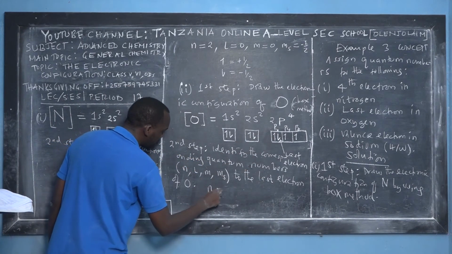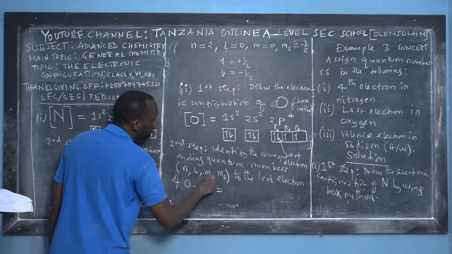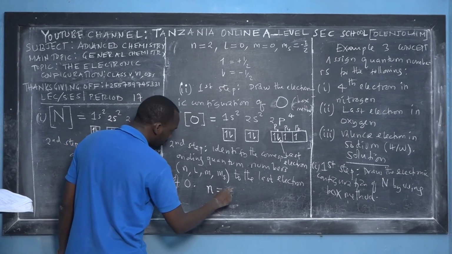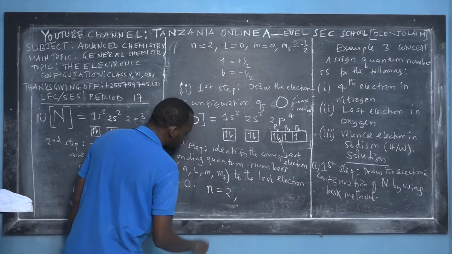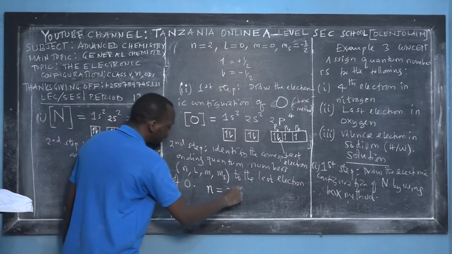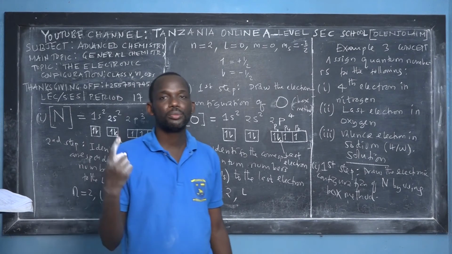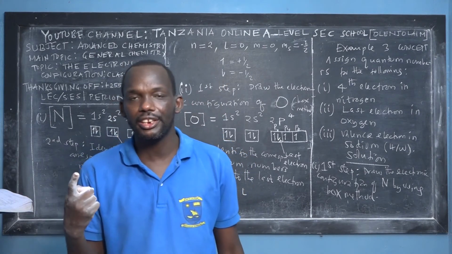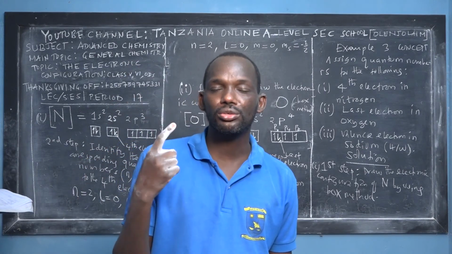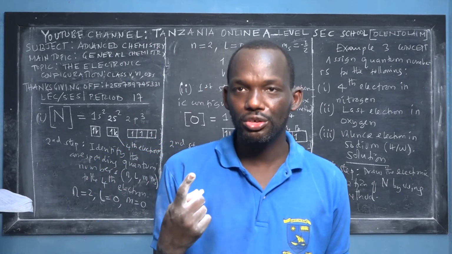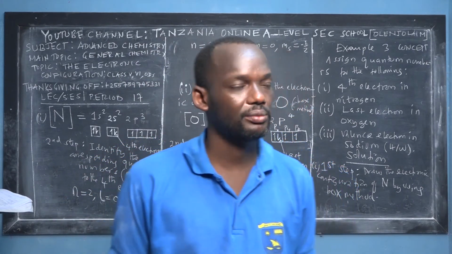It corresponds to the coefficient of that orbital, which is the p orbital. It means that we say the corresponding n is equal to 2. This is the principal quantum number, and when n is equal to 2, we have possibilities. It means that we have 2 subsidiary quantum numbers. l is equal to 2 minus 2, which is 0, and l is equal to 2 minus 1, which is 1.